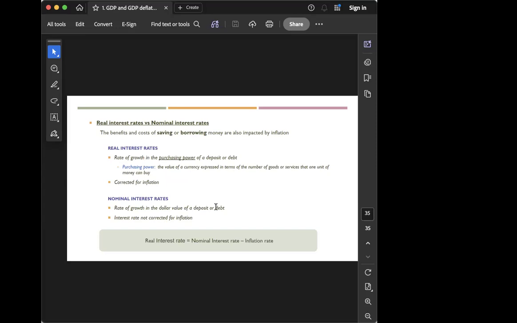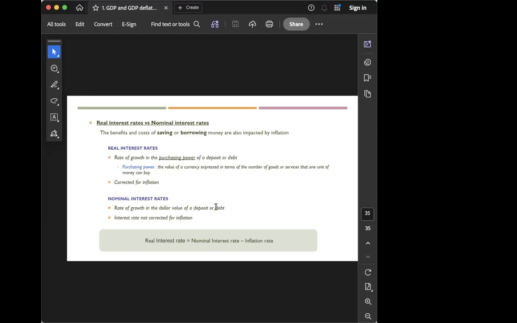The nominal interest rate is the interest rate not corrected for inflation. Whenever we say nominal, it is not corrected. It tells us how fast the dollar value of a deposit or debt grows. On the other hand, the real interest rate is corrected for inflation, by definition. It tells us how fast purchasing power grows.